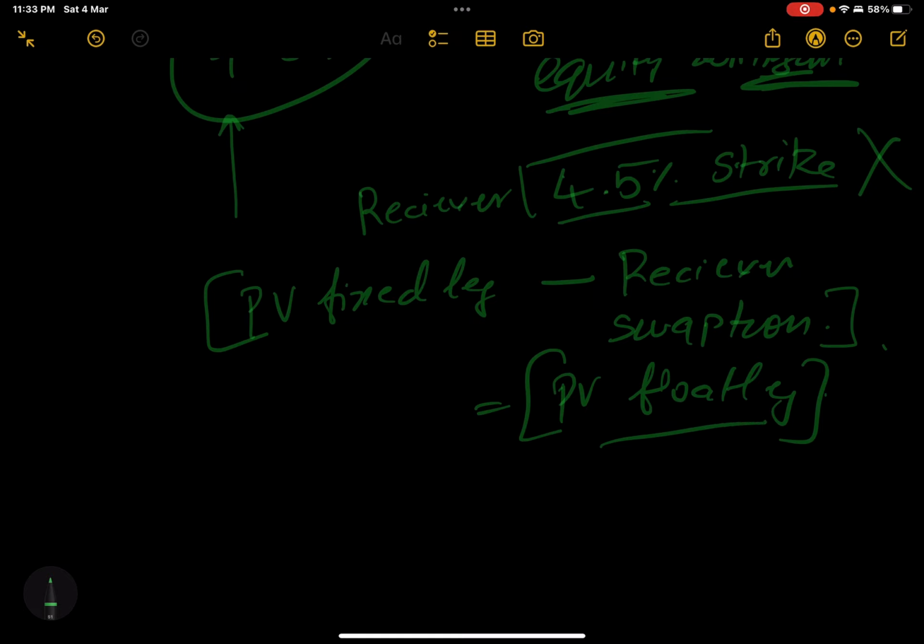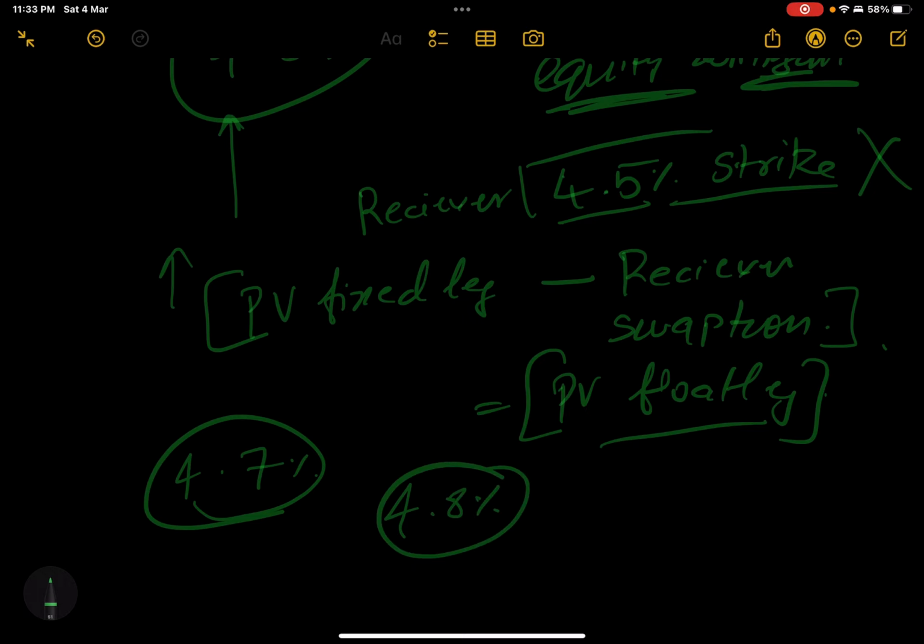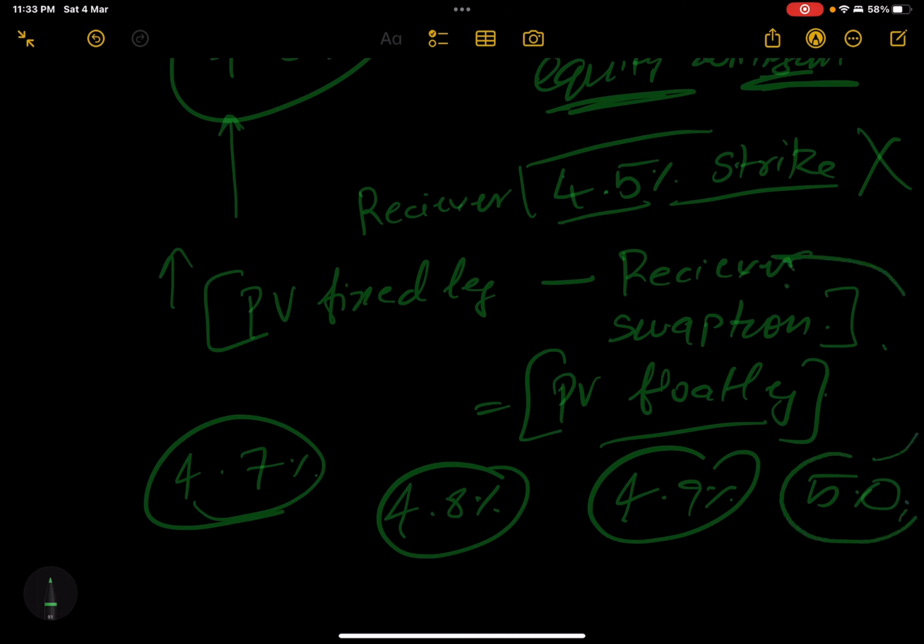So then I will change the rate to 4.6, 4.7, 4.8. As you can see, this will be an iterative process, because whenever I change the rate, I have to again value the receiver swaption. The PV of the fixed leg minus the swaption value should be equal to the PV of the floating leg, and slowly it will converge.